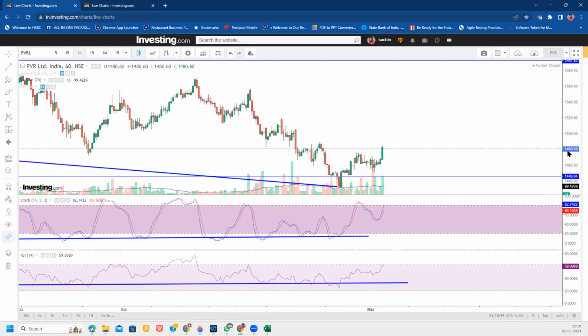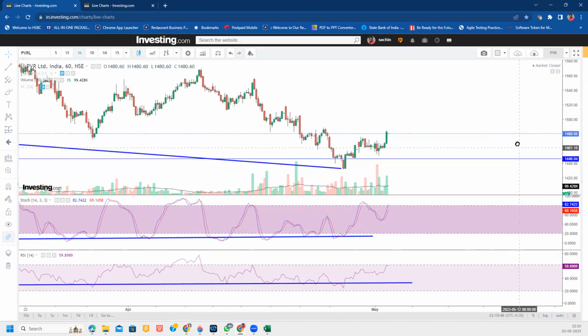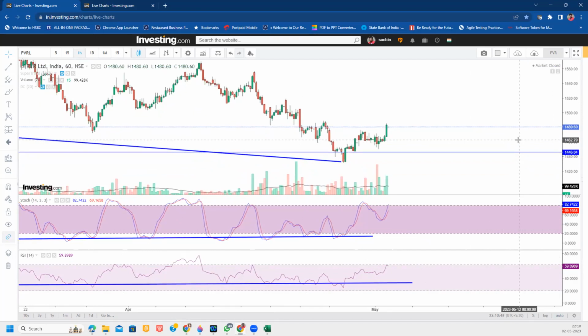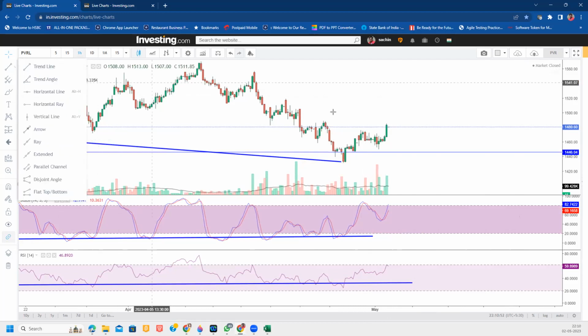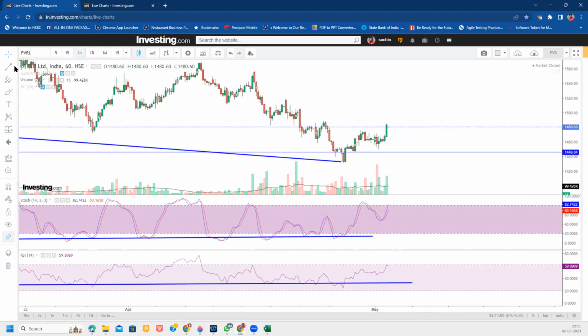Suppose somebody is a day trader and is planning to do day trading. Maybe today's candle started somewhere here. This is today's candle selected, and divergence has already been shown in the daily candle.